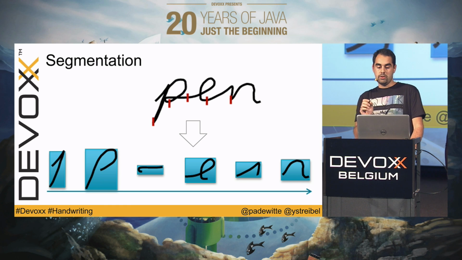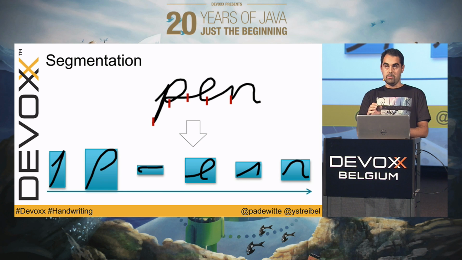So we try to detect the most important parts of the input, cut it, and then recompose in order to have a character. So here, pen is split in 6 characters, and we will recompose the first 3 ones to make the letter P.